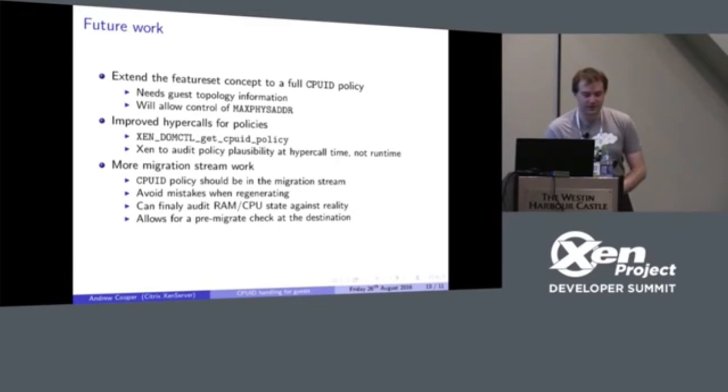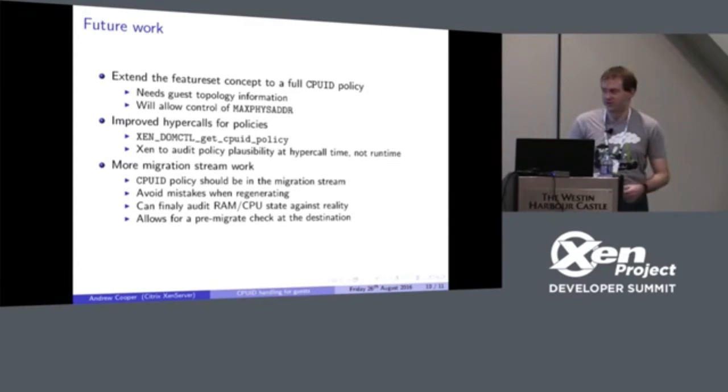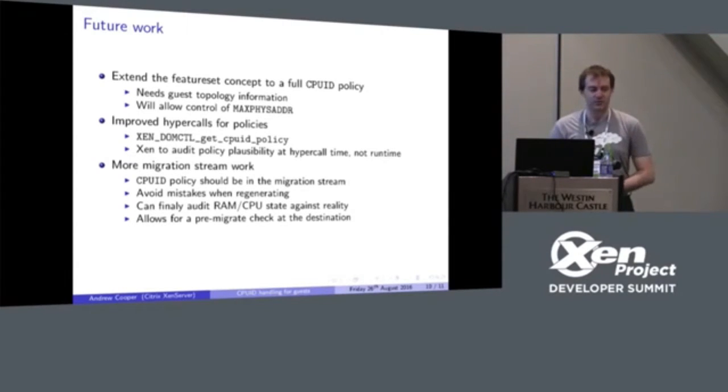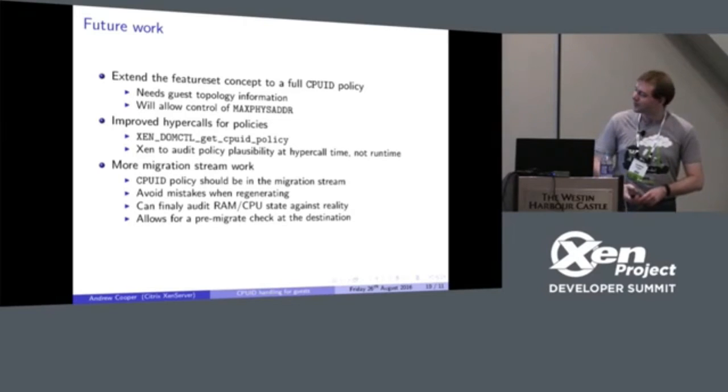And it also allows, at the moment, migration is essentially a one-shot thing. You try it and hope that it doesn't crash on the resuming side. This opens up a possibility for being able to save the first part of the domain without necessarily pausing it and sending that across to the destination saying, can you run a VM that looks like this?